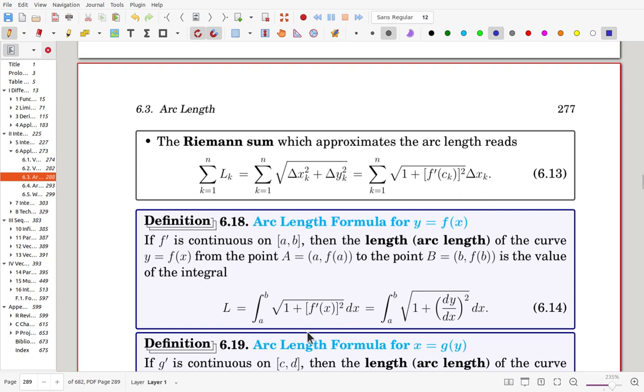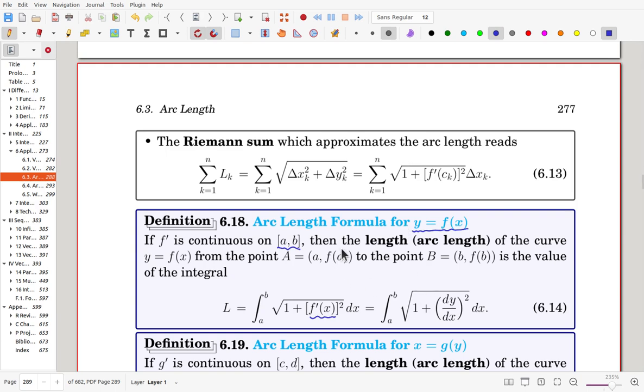So we reach this formula for the arc length for y equals f(x) from a to b: integral from a to b of the square root of 1 plus f prime squared dx. Of course, f prime can be written as dy over dx.